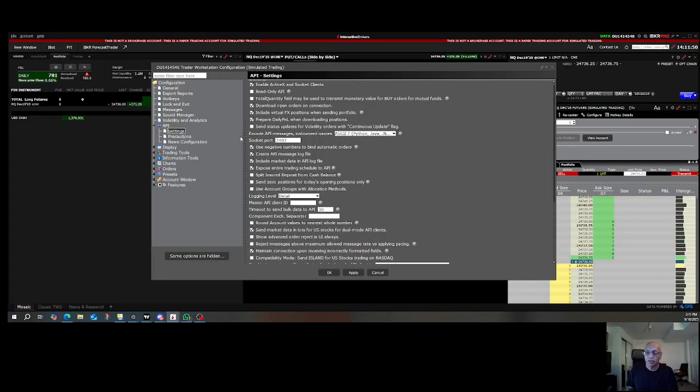That's how it communicates to that software, and enable your API. This is why I like IBKR so much, because they have all this stuff for auto trading already set up. You can also use Python or other languages as well, if you know how to set up that software.